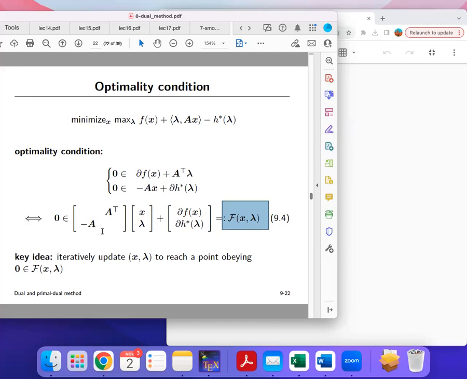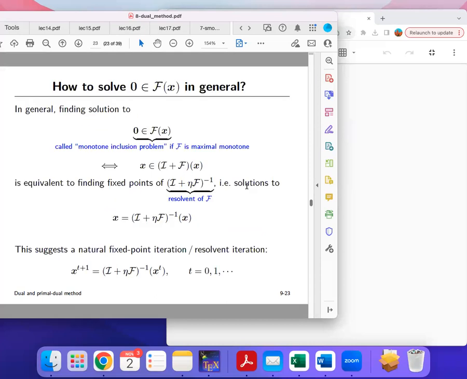It contains two big components. One is a linear operator in x and lambda. The other is a nonlinear operator defined in terms of sub-differentials. So directly inverting this operator is not possible. This is very difficult to compute.